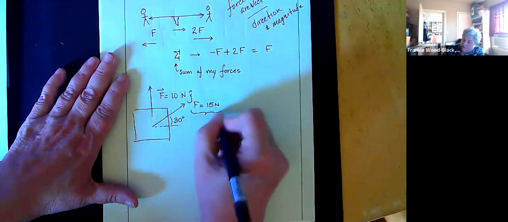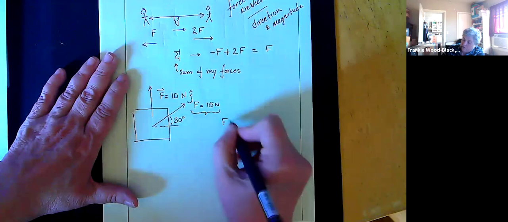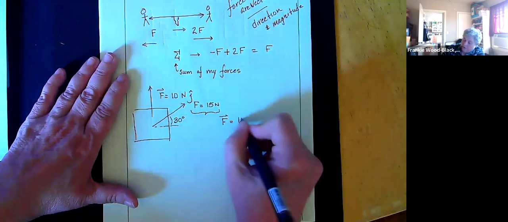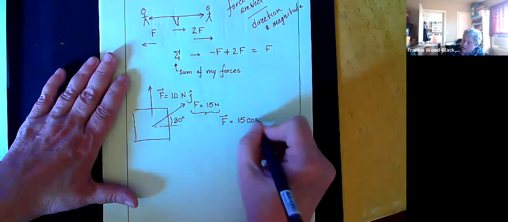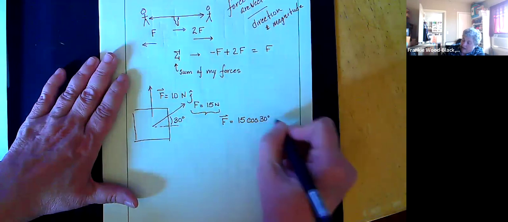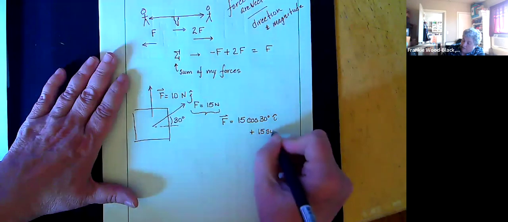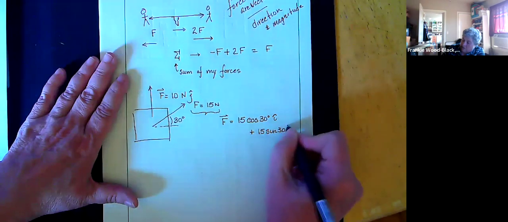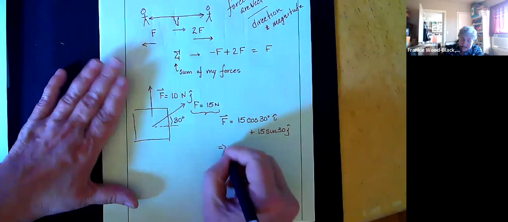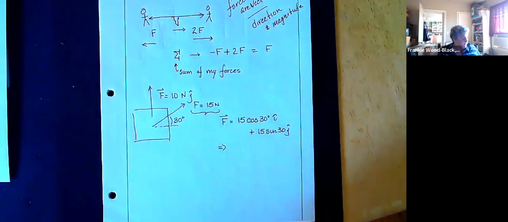We have to convert this force into the force vector, which is 15 cosine 30 degrees in the I direction plus 15 sine 30 degrees in the J direction. So we now have my vector.